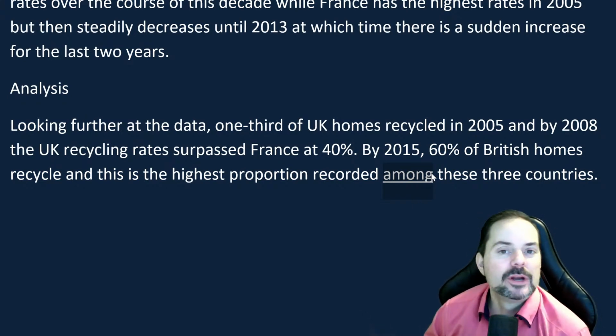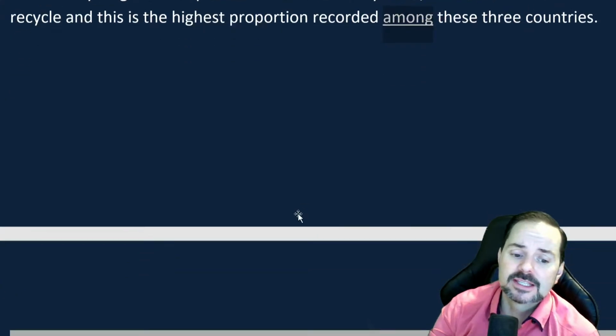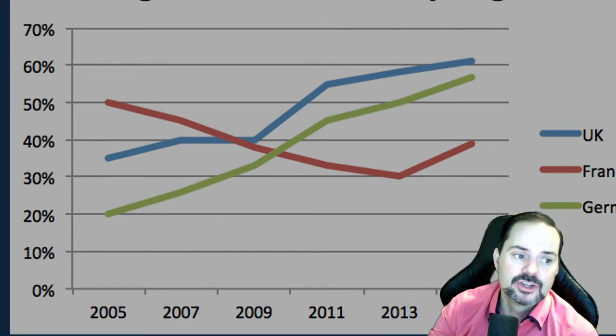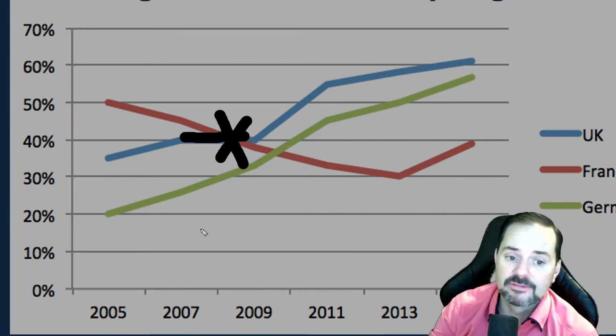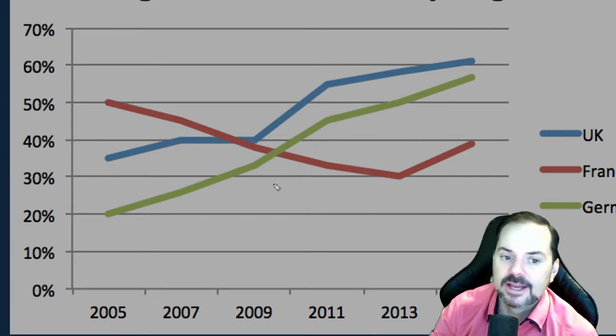We've got a lot more interesting information. Remember, the question says report the main features. Students, this line here is not a main feature. For a 200-word essay, that's not a main feature. The main feature is surpassing France there. That's a main feature, or surpassing France here. But these slight modulations, no, doesn't matter. We're not interested in that.